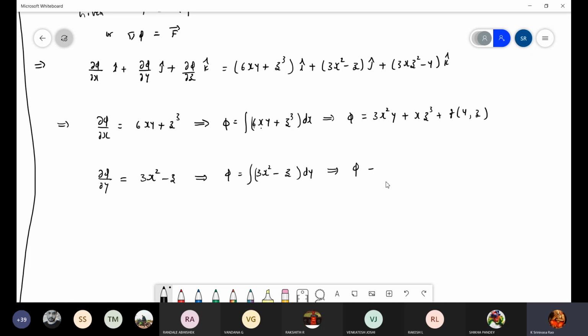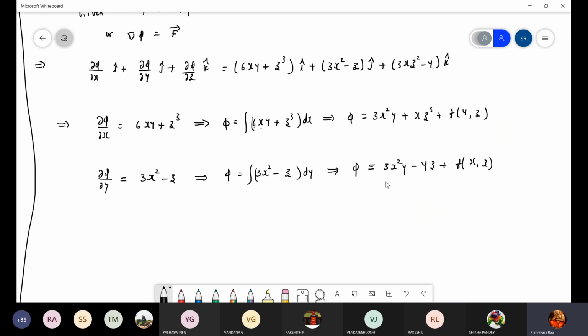That implies phi equals 3x square y minus yz plus f of x comma z. In between you write a comma because it should be a term containing x and z, maybe together or separate, like x into z.